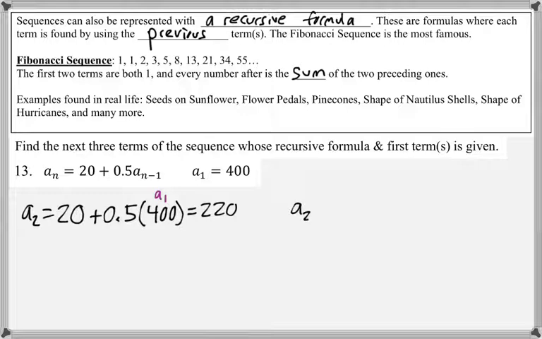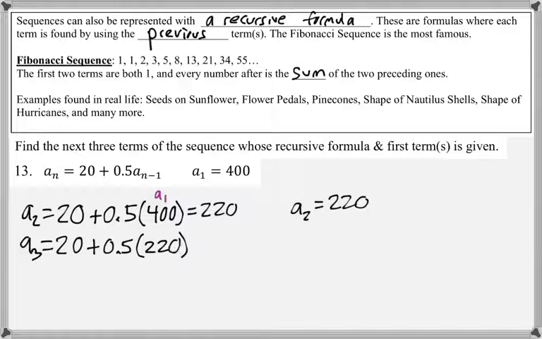So my a2 is 220. a3 is equal to 20 plus 0.5 times a2, and my a2 is 220. And if you calculate this, you get 130. So a3 is 130.